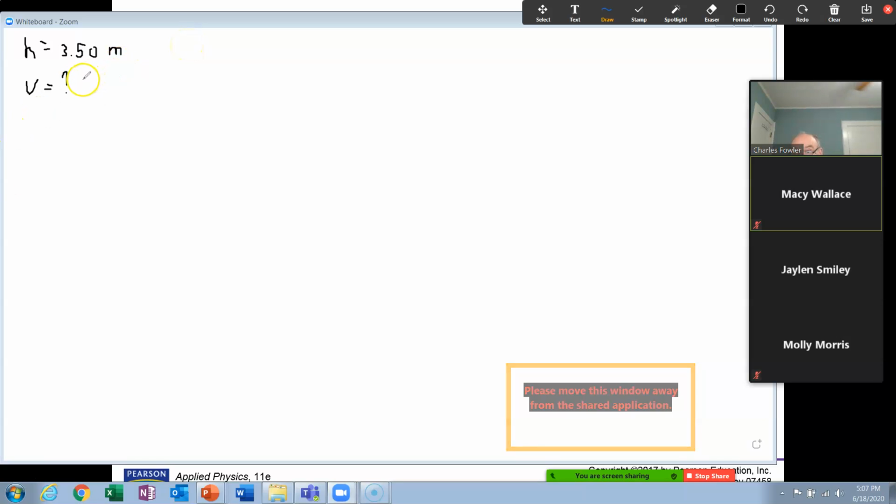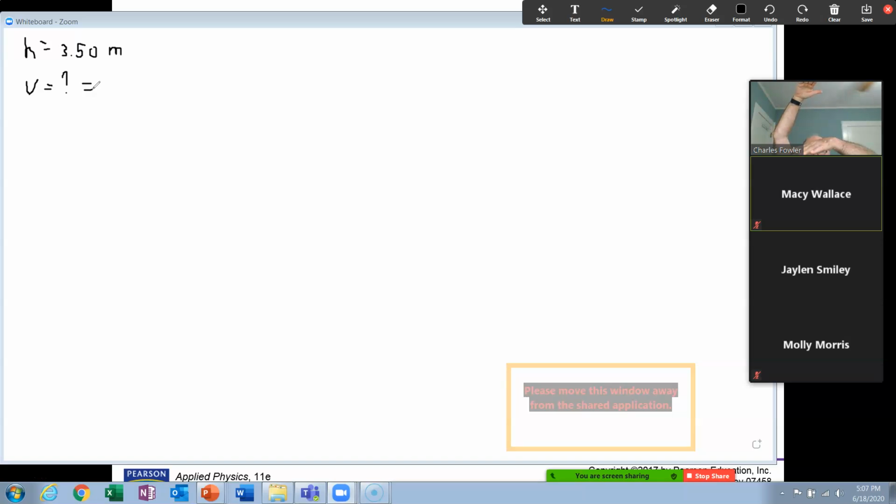V is equal to, now this is when you have a free fall situation that your thing is coming down. We're assuming no friction, no air resistance, nothing else is interfering. We're saying the potential energy at the top before it's released is equal to the kinetic energy at the bottom when it hits, and that then gives us this formula. Kinetic energy, 1/2 mass times velocity squared.